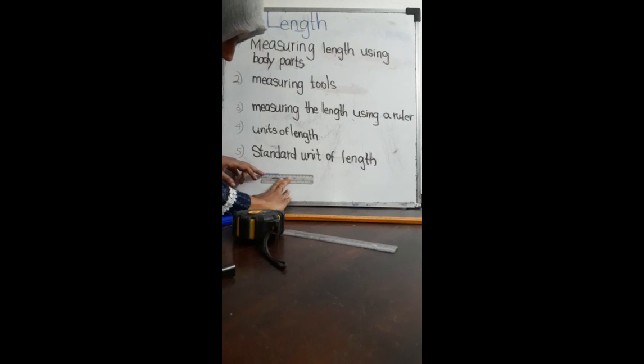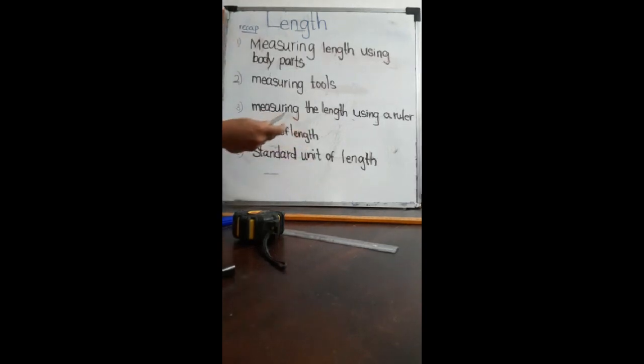What's the length? 1 centimeter, 2 centimeters, 3 centimeters, 4 centimeters, and have you seen this? 4.5 centimeters, and we have already learned about this. Right. Now this is a measuring tool to measure the small length of an object or a line.